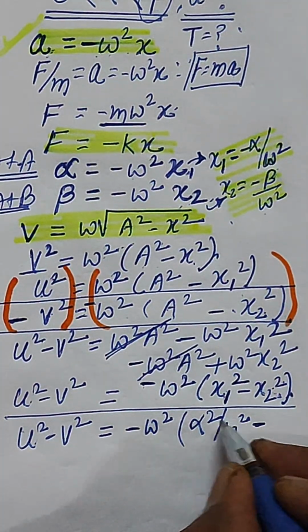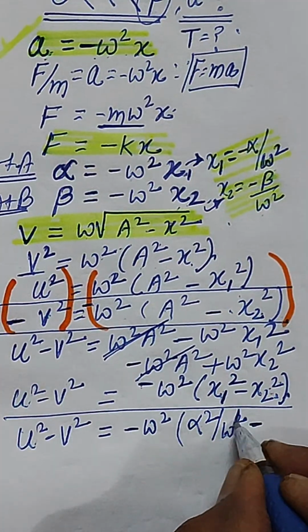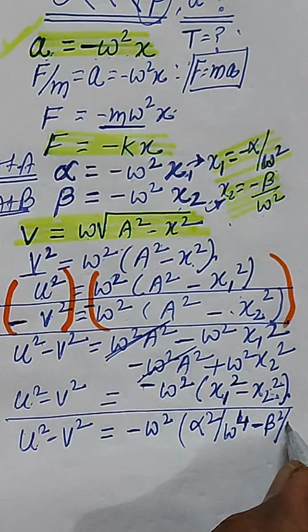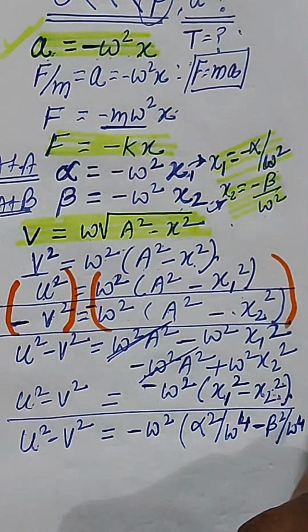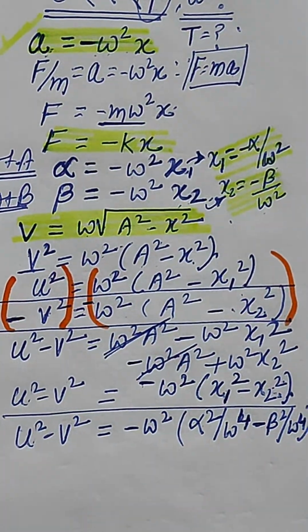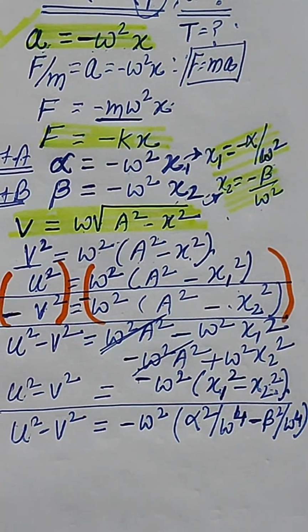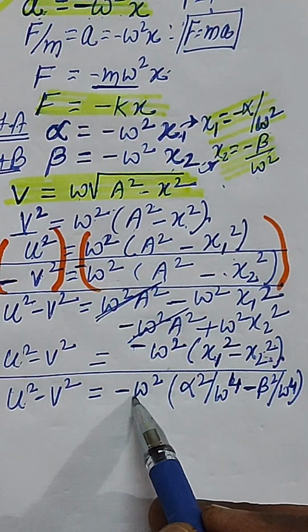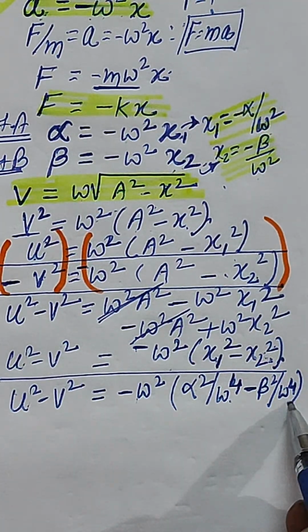In fact, when you square it, it becomes 4 times in the denominator. So it will become beta square by omega 4, right? And when you move further, you can see omega square from here and omega square from here can be cancelled out.